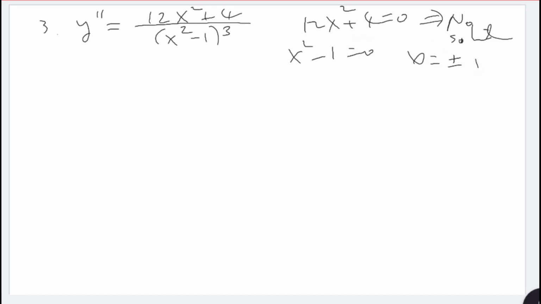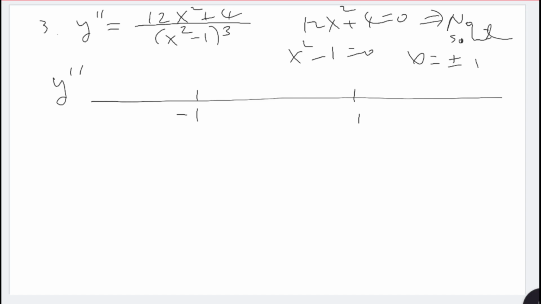All right. Now we create a sign chart for the second derivative. Okay, this time it's a coincidence. We don't have to worry about the numerator. 12x squared plus 4 is always positive.